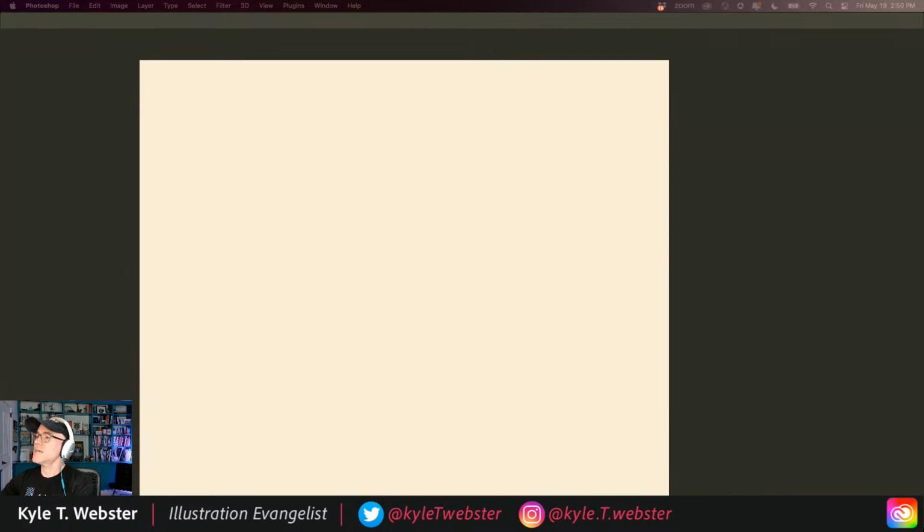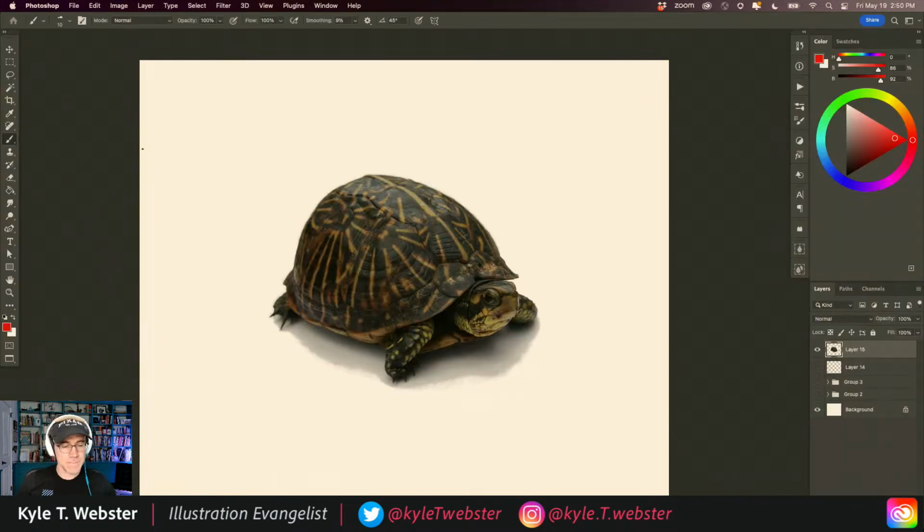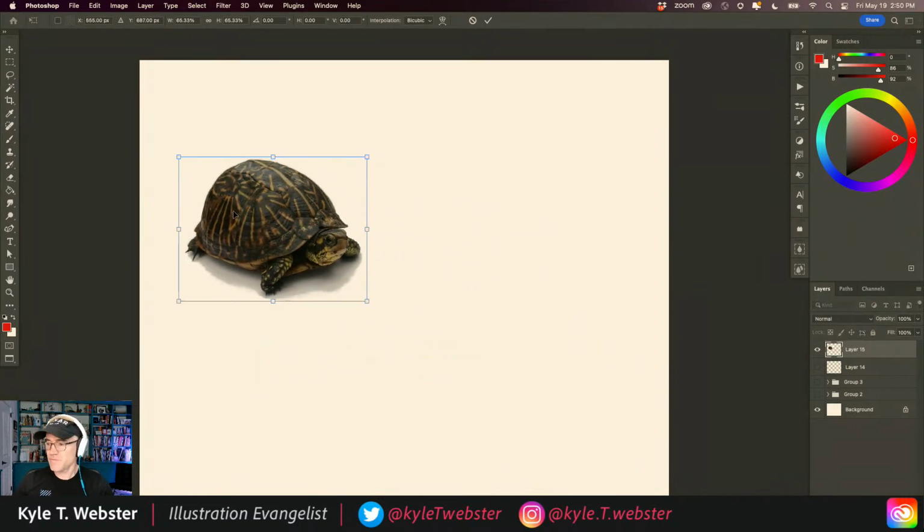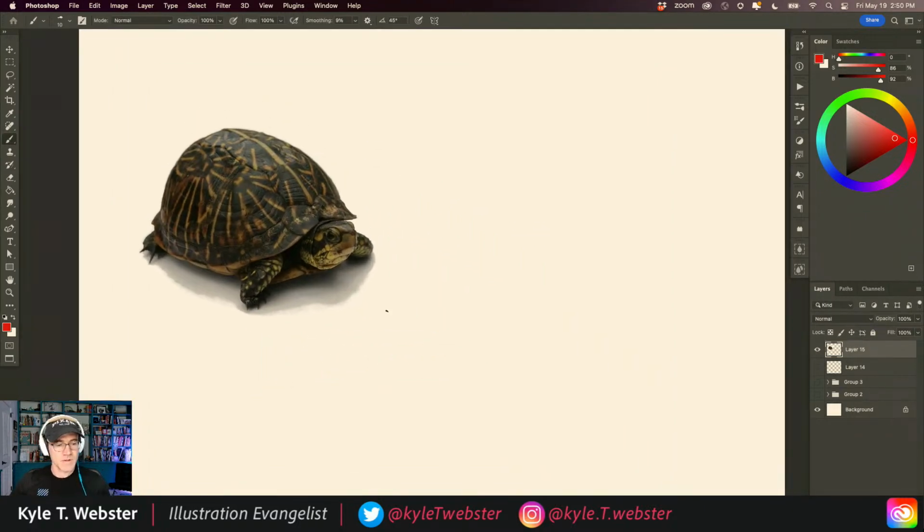I'm going to get a photo of a turtle, and we're going to make an illustration based on that turtle. Here's our turtle. This is our source material. This is what a real turtle looks like.